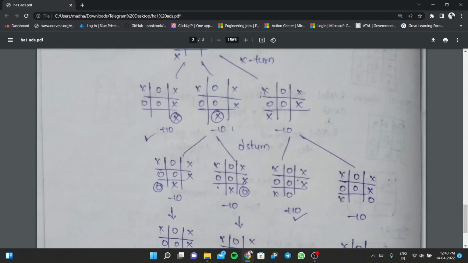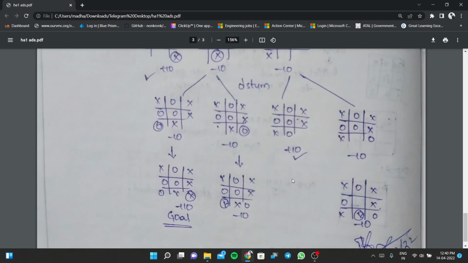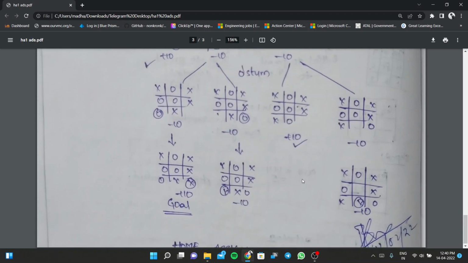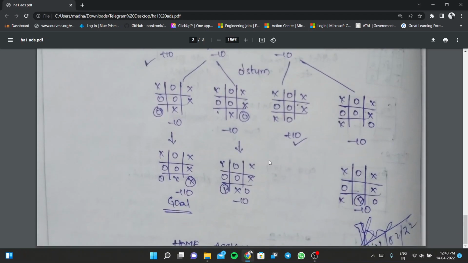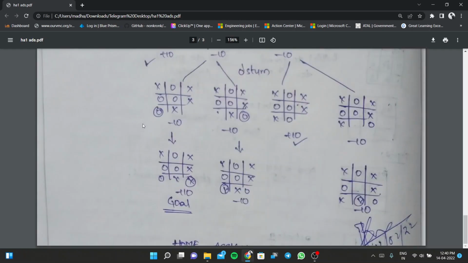From here we add an O, and here also no one wins, and here also no one wins, and here O wins, and here no one wins. In this way we find all the possible winning chances in a game. So this is also a tic-tac-toe problem which we can face in an exam.